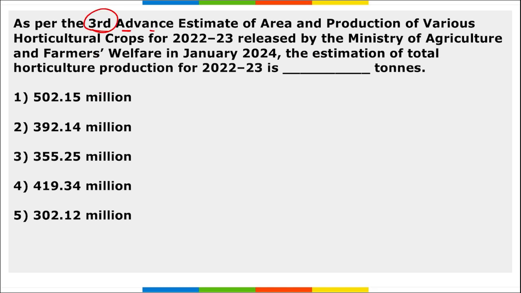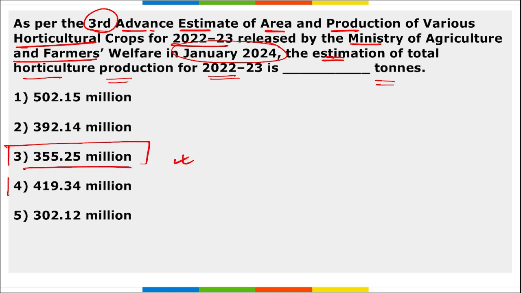Next. As per the third advance estimate of area and production of various horticulture crops for 22-23 released by the Ministry of Agriculture and Farmers Welfare in January 2024, the estimated total horticulture production for 22-23 is dash tons. How much is it? 355.25 million tons.